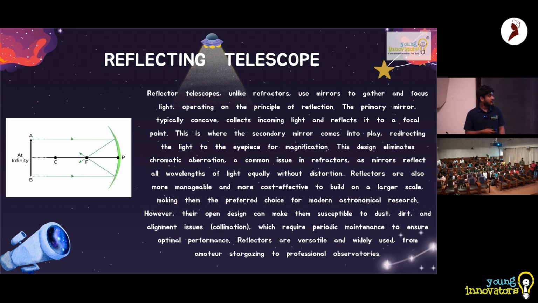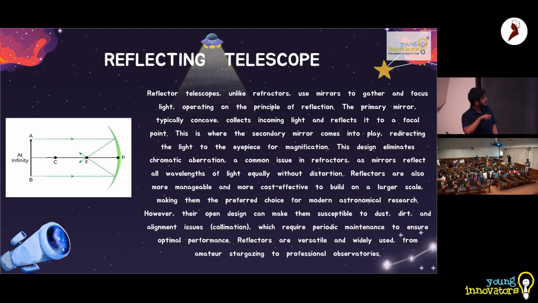Very good. So this is how a reflecting telescope, or basically concave mirrors, work. Now, instead of a lens, what Newton did was he kept a concave mirror at the base of the telescope, and he made all the light reflect off of it to focus at one single point.